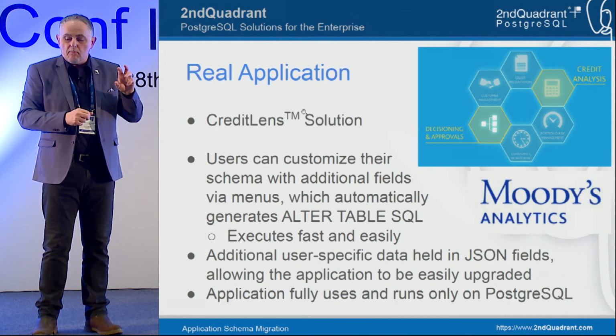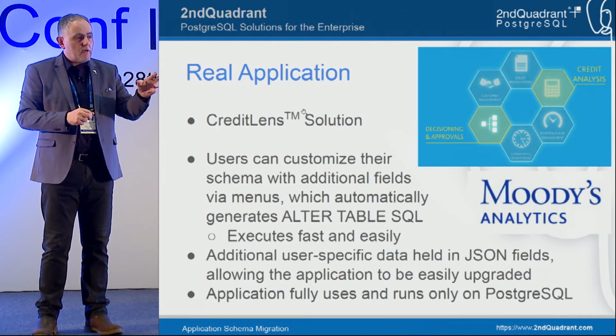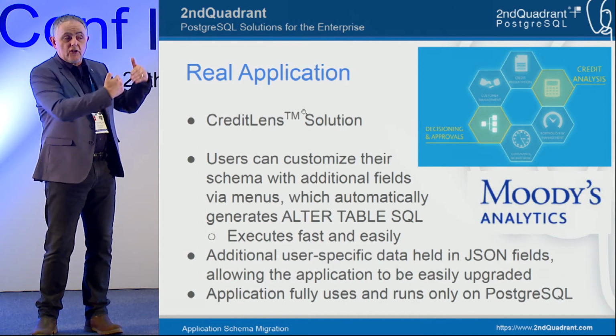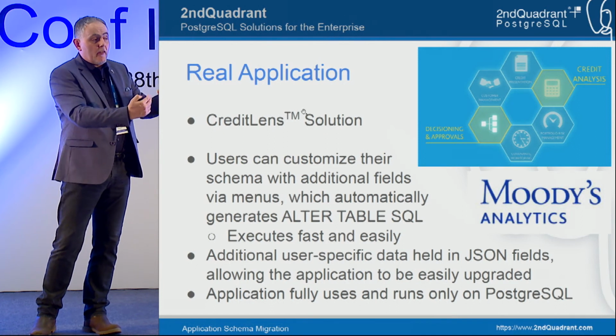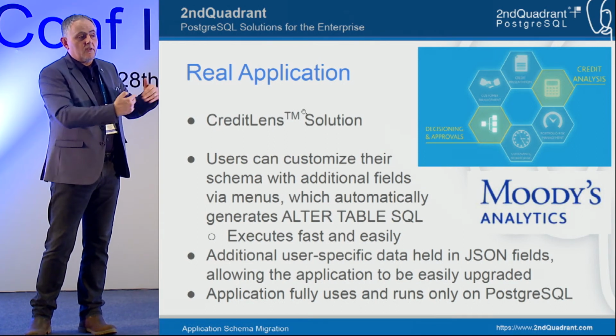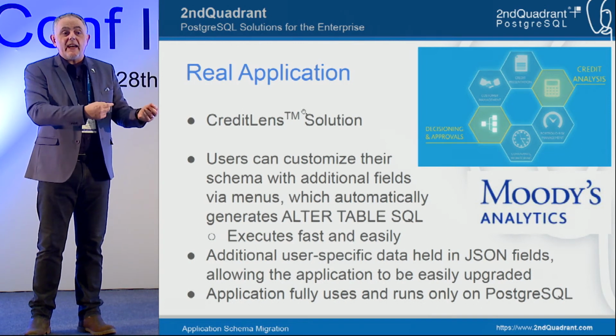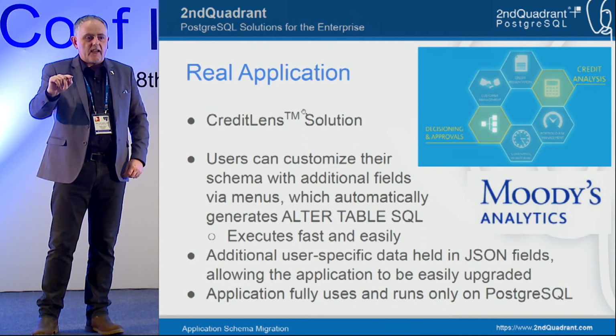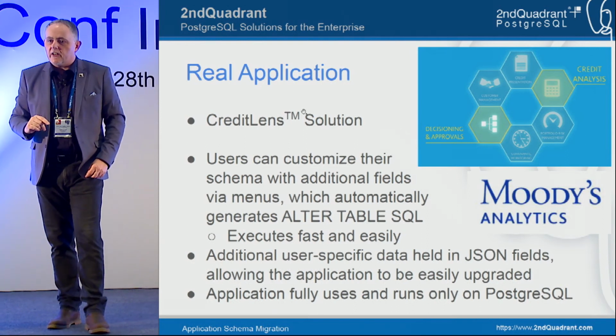And because of the way that PostgreSQL is written, there's a menu option that allows you to add a field to the database, and then that generates an alter table statement, and then it will be executed for you. So it's not a DBA operation to enhance the database, it's just point and click to actually add user-defined fields.